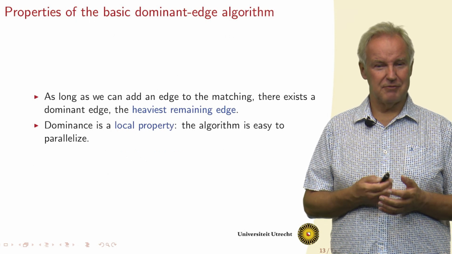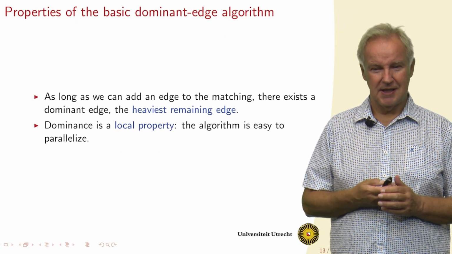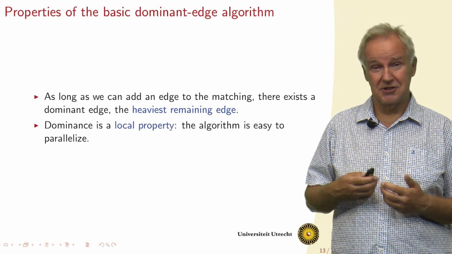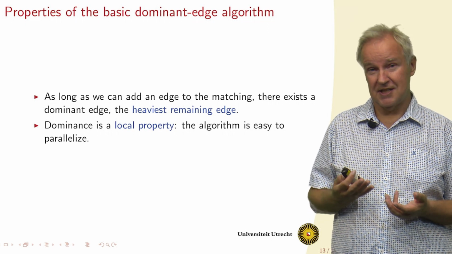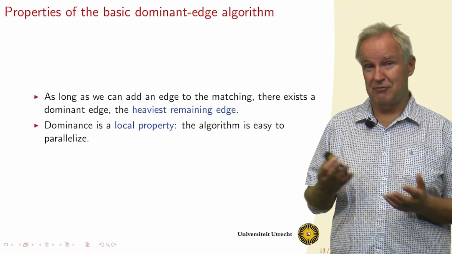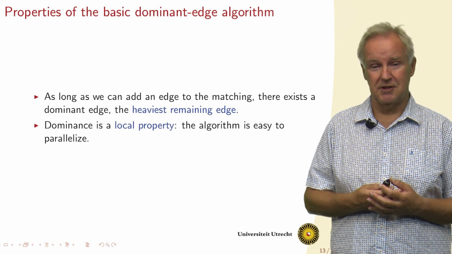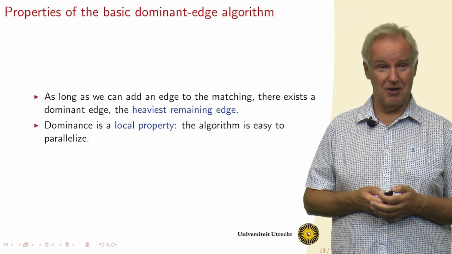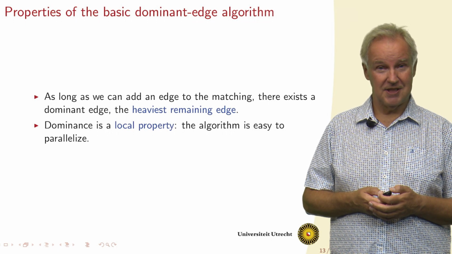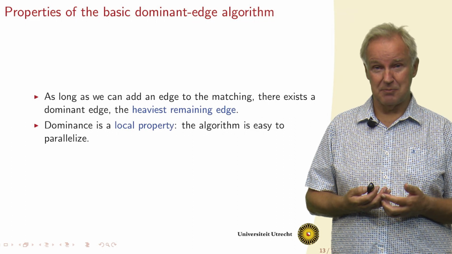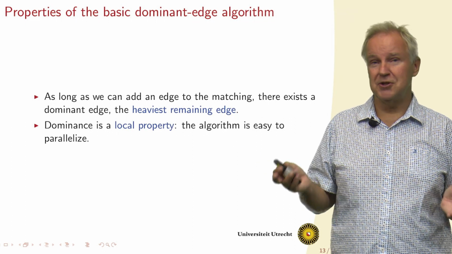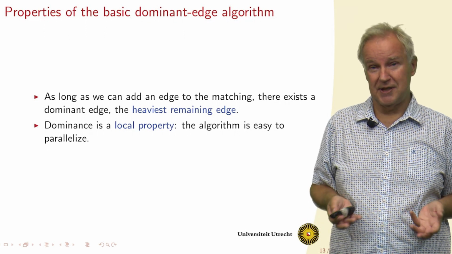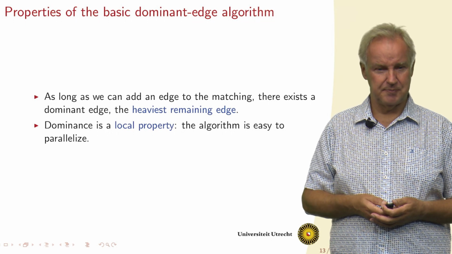So a property of the dominant edge algorithm is that you can go on as long as there is an edge, because there is always a dominant edge: just take the one with the largest weight of everything that's still there. It must be dominant. Also, dominance is something you can check locally, and that means that it is easily parallelizable, because you just need information on your neighbors, and then you can already decide whether a certain edge is dominant.